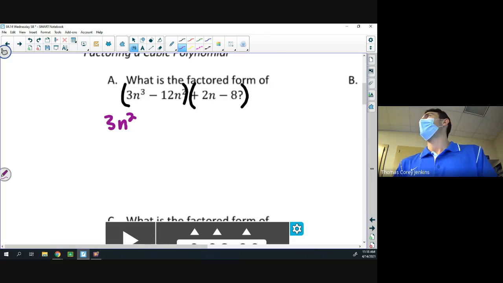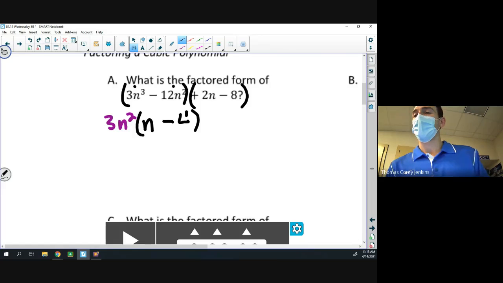Okay, these are a little bit easier to factor if you understand how to GCF factor. All right, then what's left in the parentheses after I take that out? If I divide this by the GCF, I get n to the first. If I divide this by the GCF, I get minus 4. So just n minus 4. All right, and then the other 2, same thing, right?